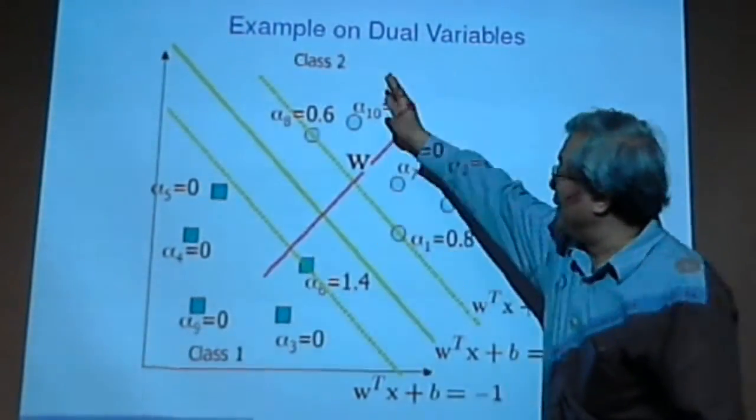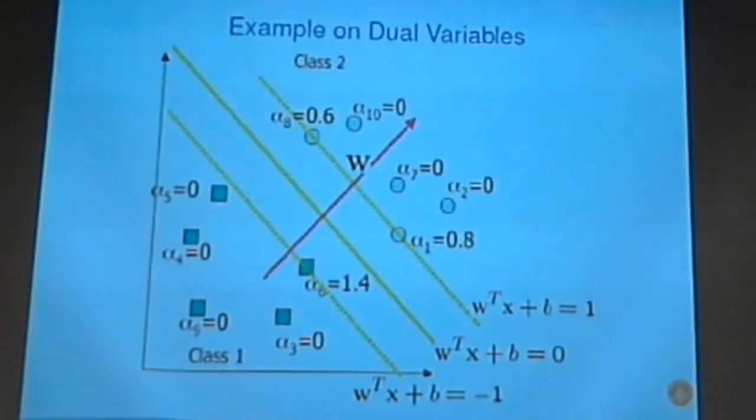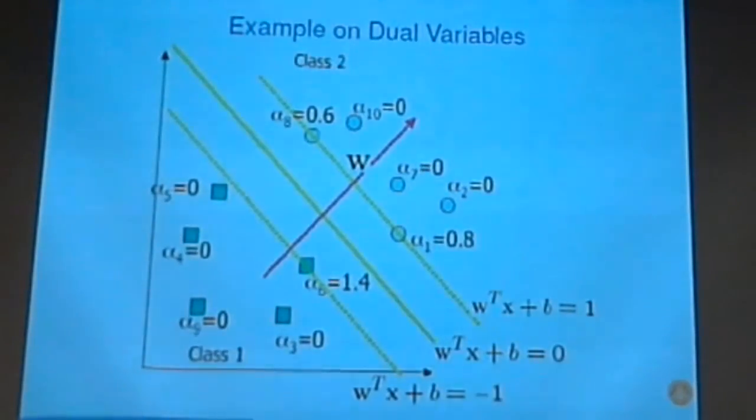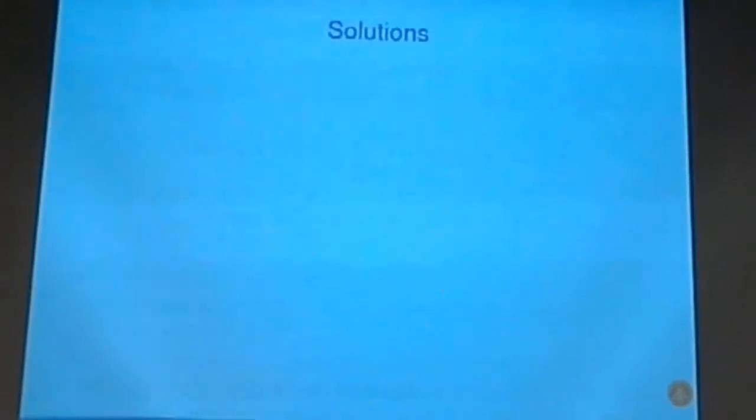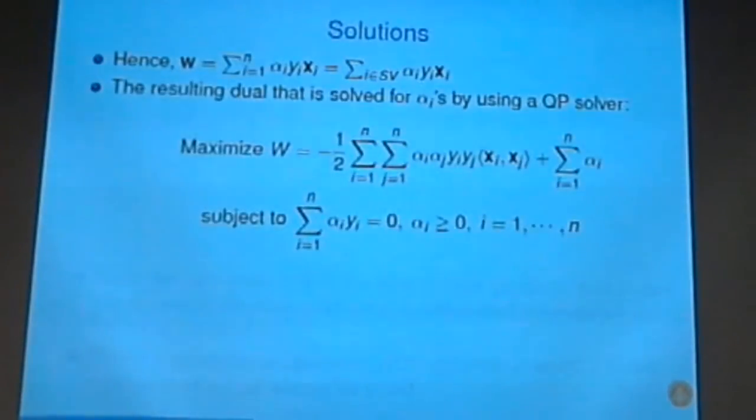All the rest of the alpha i's are 0. Let's not worry about how they come up with this. I leave this for theoreticians anyway.